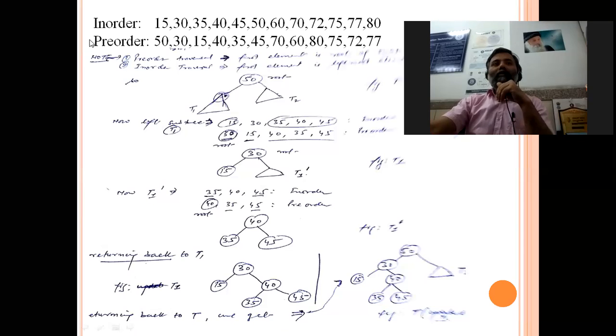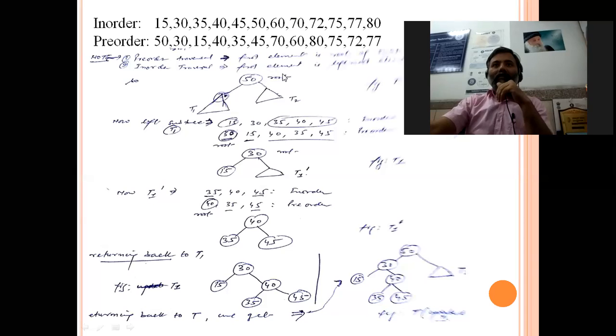So in pre-order traversal, you can see that the first element, 50, will be the root of that binary tree. So we can write 50 as the root of the binary tree. And suppose we assume that T1 is the left subtree and T2 is the right subtree of that binary tree.